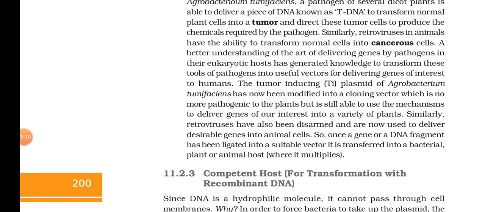And another example is retroviruses. What are retroviruses? Viruses which have RNA in them are known as retroviruses, and they will convert the normal cells into cancer cells.